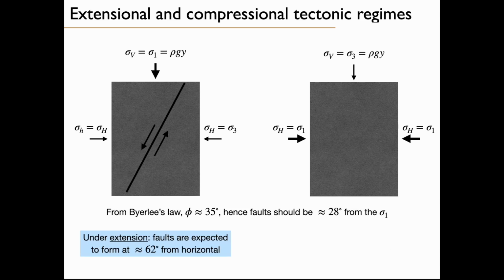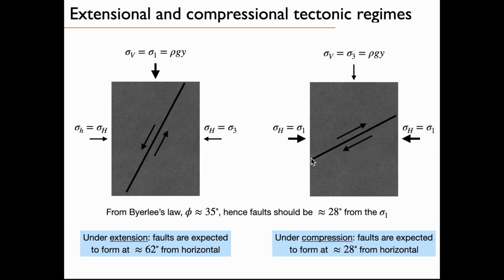So one would expect in extension, since sigma 1 is vertical, to have faults that are 62 degrees from the horizontal plane. However, in compression, the fault will still be at 28 degrees from sigma 1, but sigma 1 is horizontal, so one would expect to get a fault oriented at 28 degrees from the horizontal.